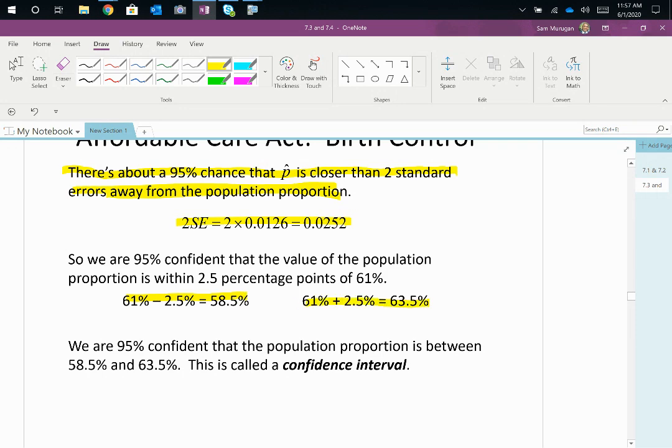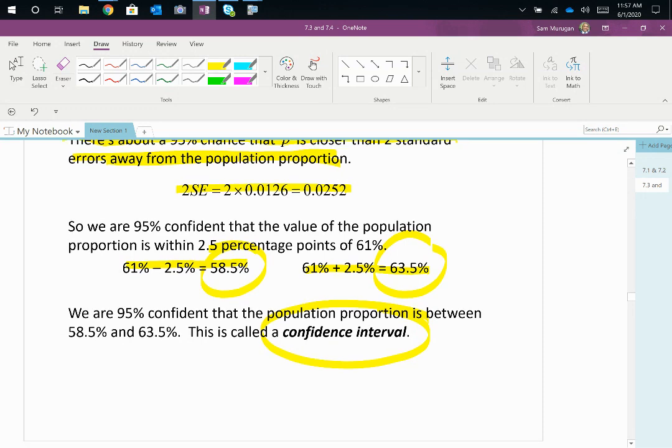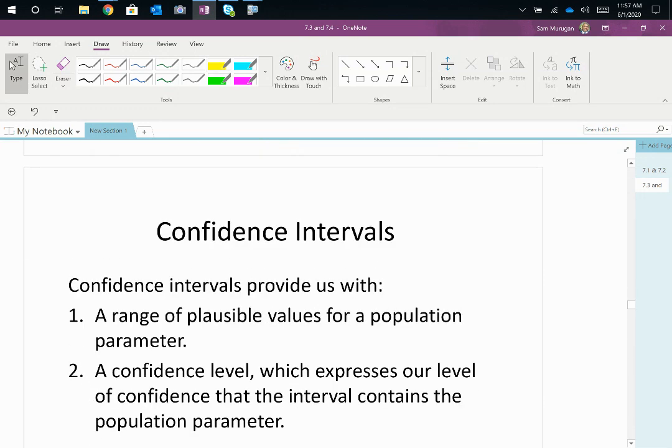Now, don't worry too much because those two percentages, that's called a confidence interval, but that's computed using technology, either StatCrunch or your calculator. So a confidence interval is a range of plausible values for a population parameter.